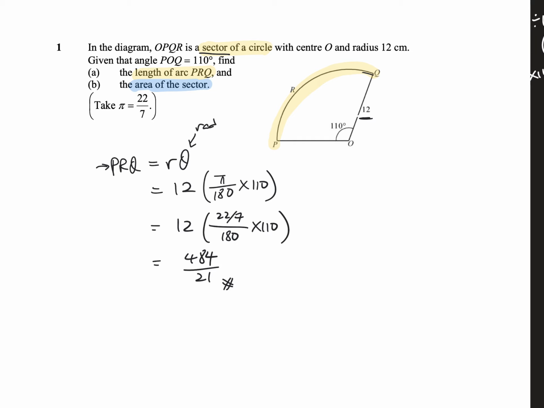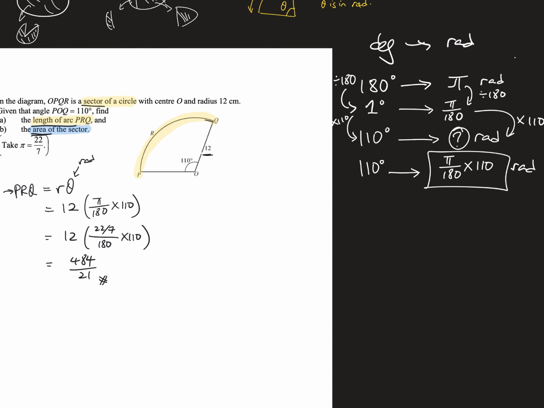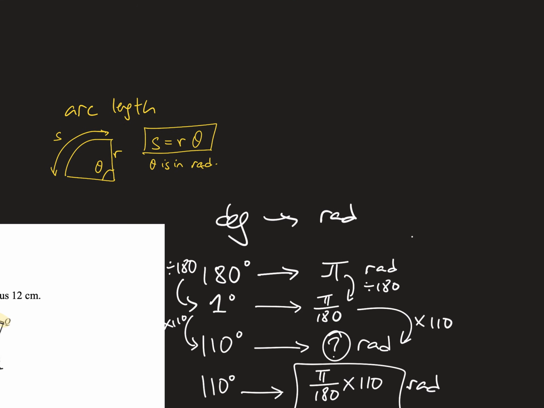Okay, let's do part B. Now I want to find the area of the sector, and so that calls for another formula. The first formula we did was length of arc. Now the second formula is area of sector. Let me explain it over here together with the arc length formula. You have this sector once again, and now you want to find the whole area of it.